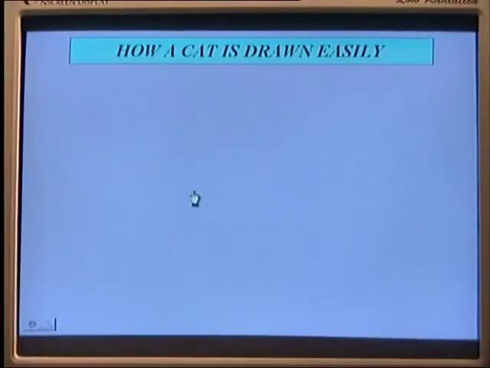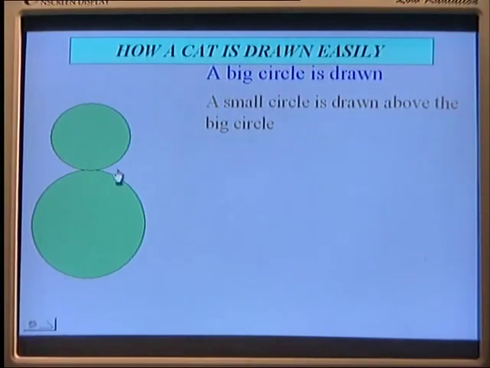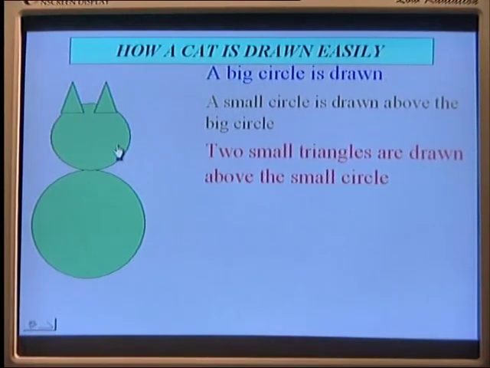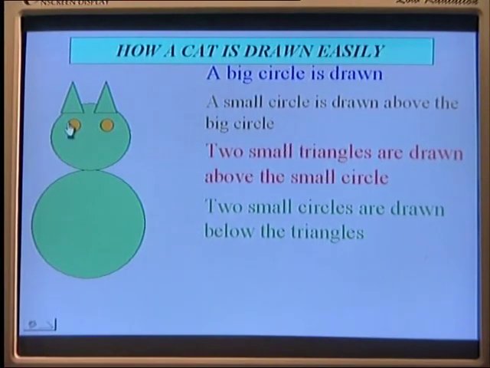Here is an example for you. Look here, all of you. How a cat is drawn easily. A big circle is drawn, then a small circle is drawn above the big circle, then two triangles are drawn above the small circle, and two small circles are drawn below the two triangles.